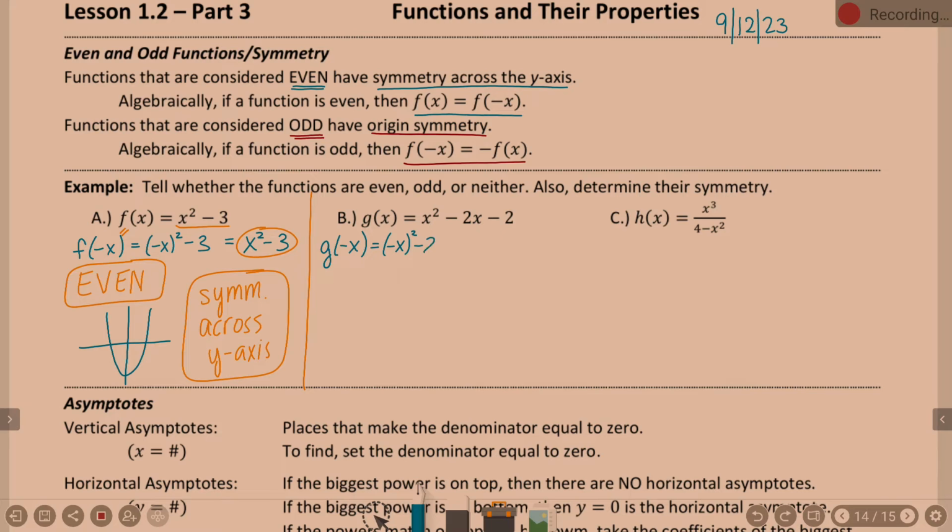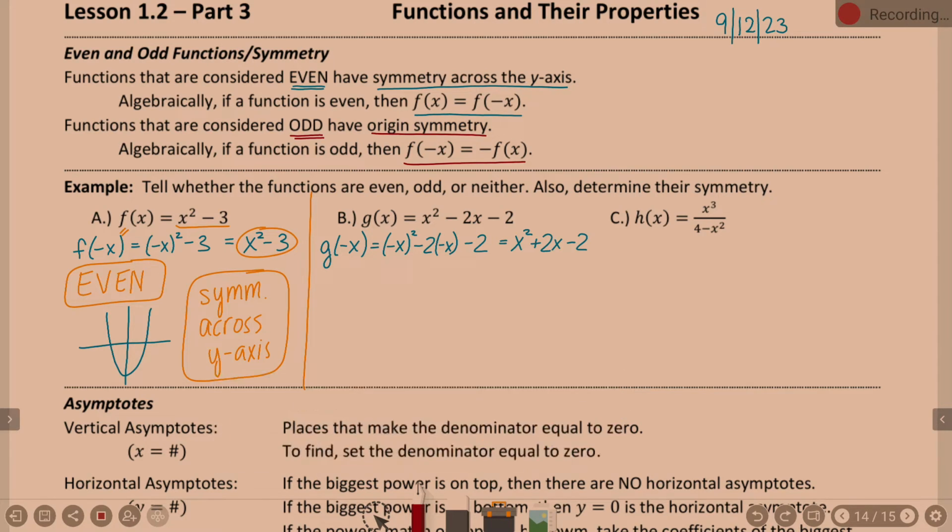Minus 2x, I'm going to write minus 2 times minus x. Minus 2. Now clean that up. Negative x raised to the second becomes x squared. Minus 2 times minus x becomes plus 2x. And minus 2 stays minus 2.